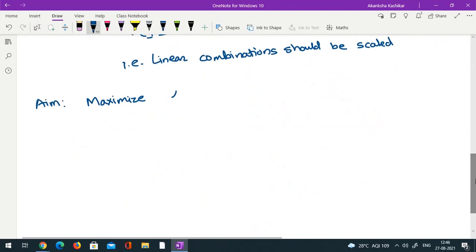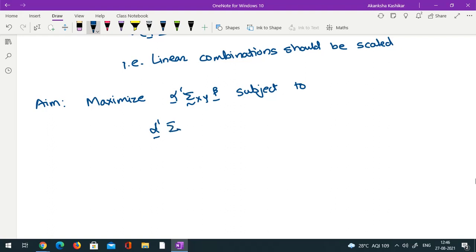Our aim is to maximize alpha prime sigma xy beta subject to the constraints that variance of alpha prime x should be 1, that is alpha prime sigma xx alpha should be 1, and beta prime sigma yy beta should be 1. Is it okay? Our aim is to choose alpha and beta in such a way that alpha prime sigma xy beta is maximized subject to these two constraints.